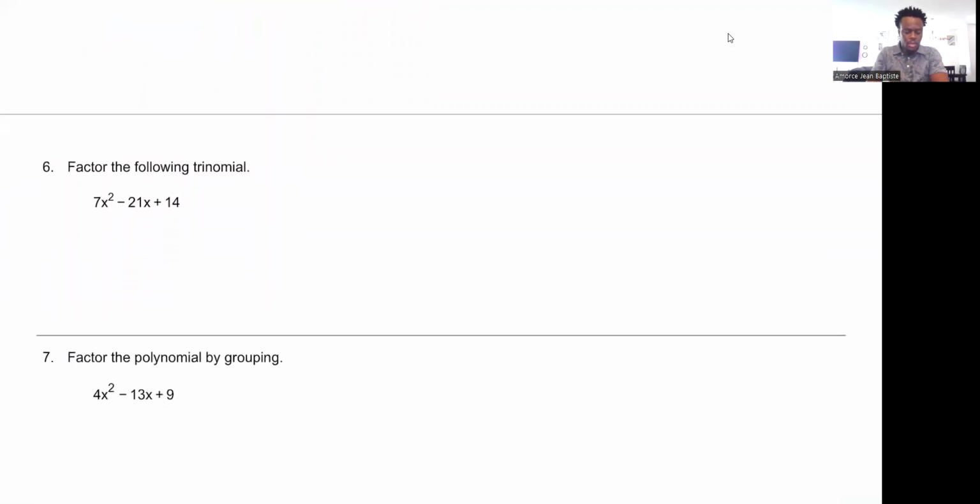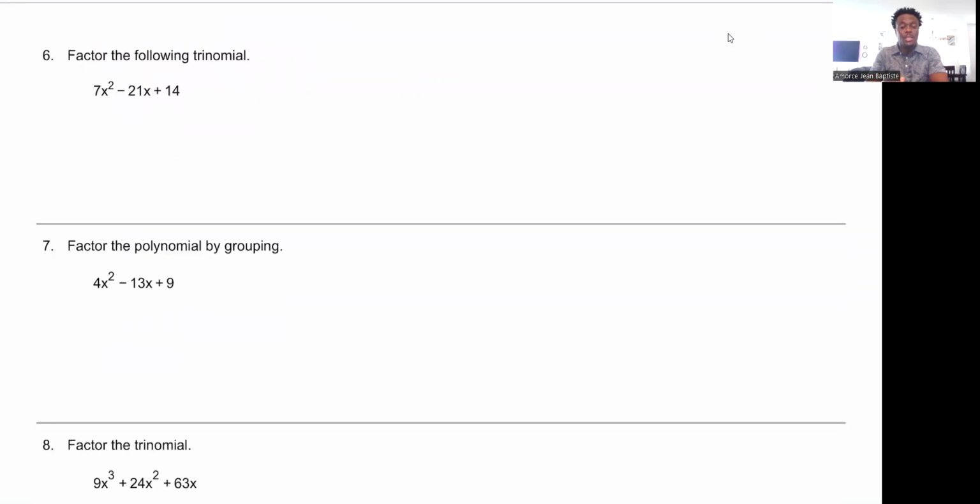In this case here, mostly when you see a number that is not equal to 1 as the coefficient of x squared when you have a trinomial of second degree, you want to check to see if this number is not the GCF of the expression. If it is, then you factor the GCF out, 7, and then write your monic expression as x squared minus 3x plus 2.